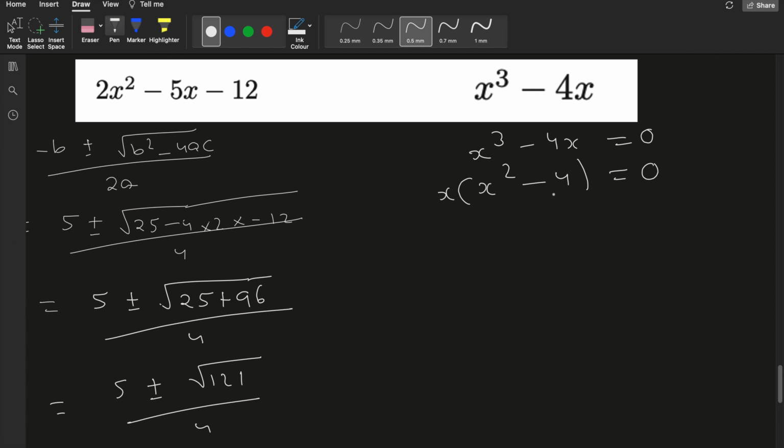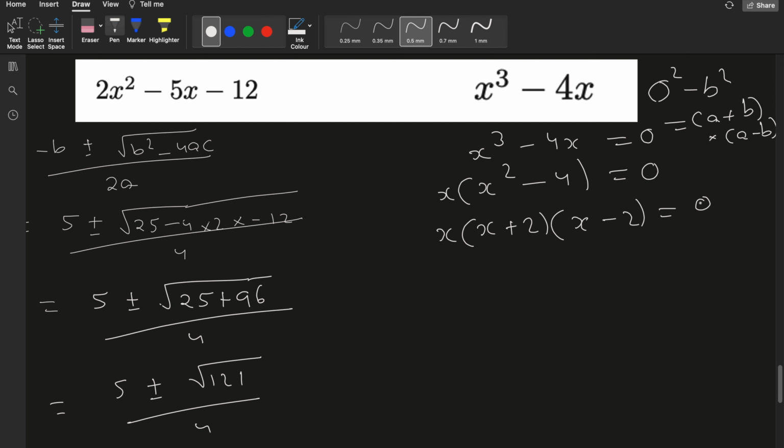So we can use the formula a squared minus b squared equals... this would be x multiplied by x plus 2 times x minus 2 equals 0. So x equals 0, x equals minus 2, or x equals 2. So that's our solution for this question.